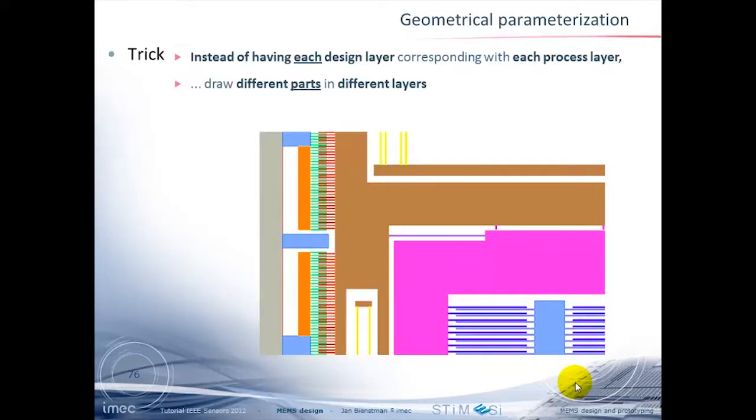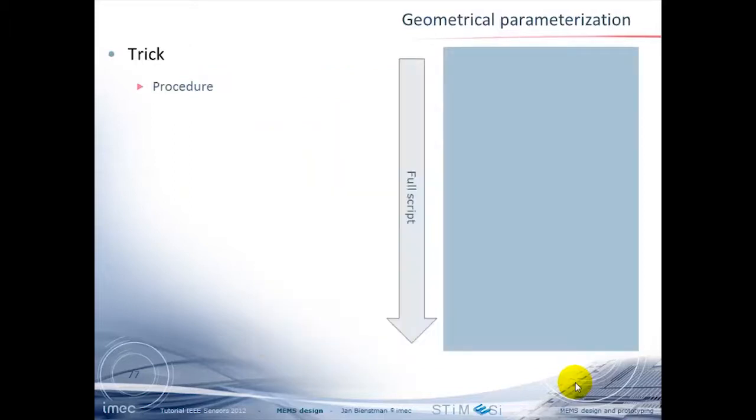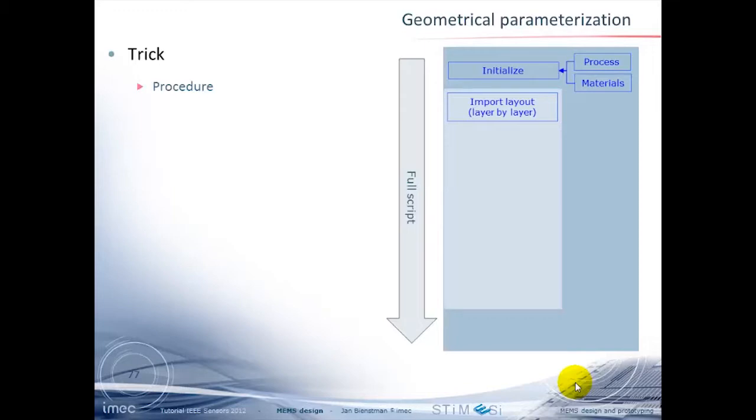You can later on go to tape out and do some layer mapping and so on. And mostly the layer generation techniques which are built into these tools for DRC, you can use to extract that even automatically. Then the procedure is the following: you can do visualization, process, materials, and then you import layer by layer.